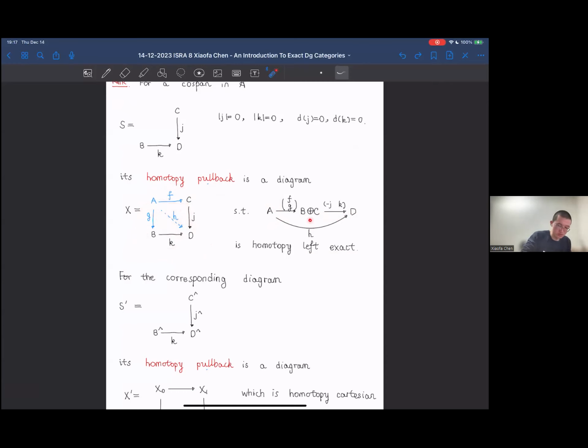So this will define a three-term homotopy complex over A.